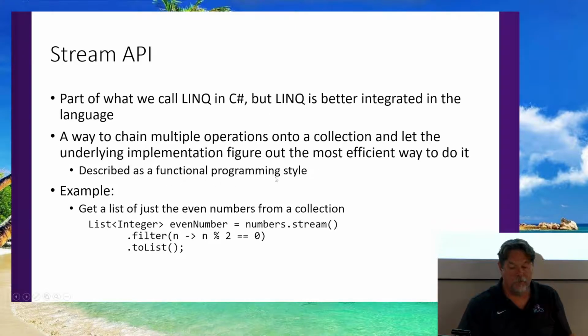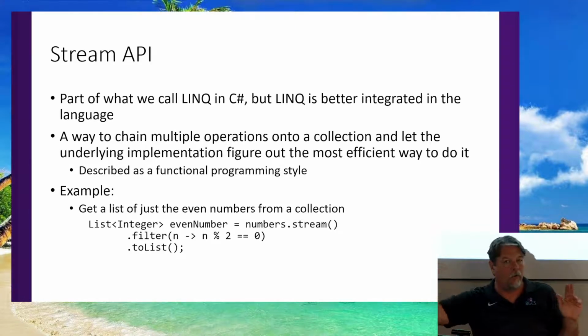We also refer to this, if you've heard anybody talk about functional programming, this is an example of functional programming. It's also referred to as chaining. So we chain operations. If I have a collection of integers and I want to get just the even numbers, I can say, well, take numbers and stream those values for me. So it's going to iterate over them in a stream of values.